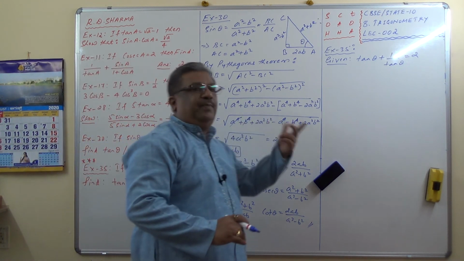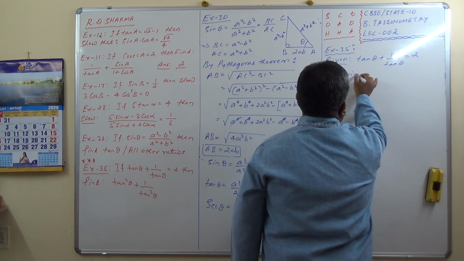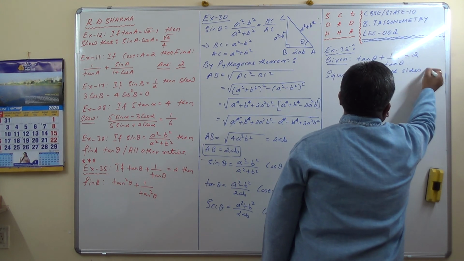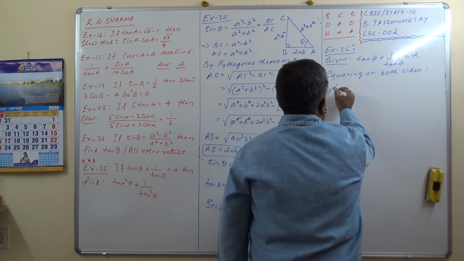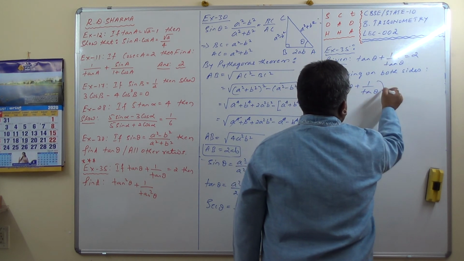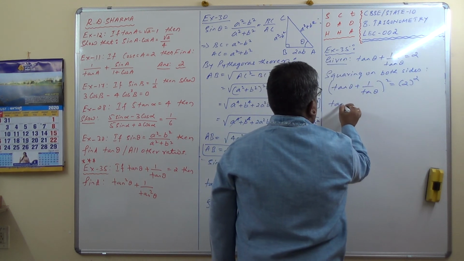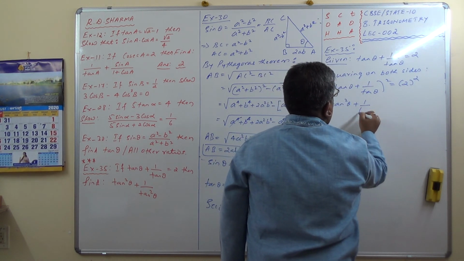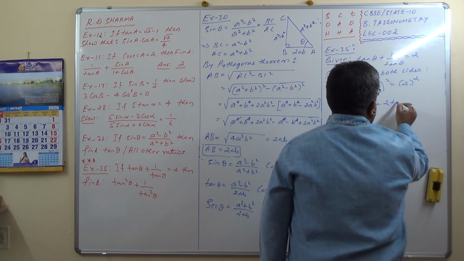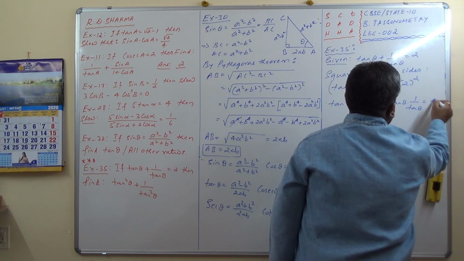So let us square on both the sides. Tan theta plus 1 by tan theta, the whole square equals 2 square, which is tan square theta plus 1 by tan square theta plus 2 times tan theta into 1 by tan theta equals 4.